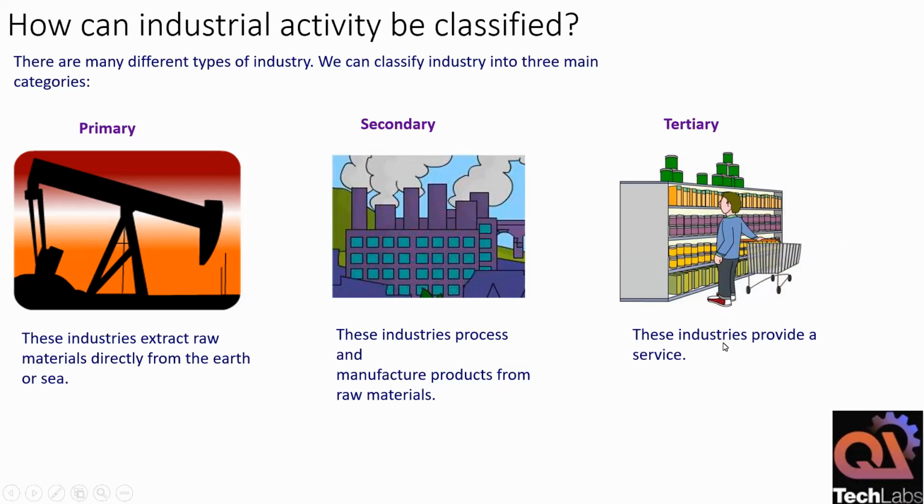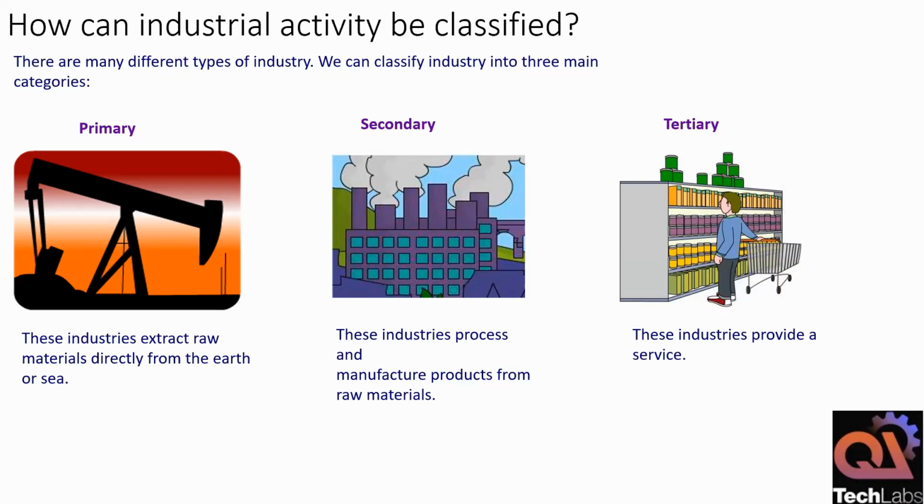These industries provide a service. Take for example, Jio, Reliance Fresh. That is one classic example of tertiary. You have D-Mart, V-Mart. So many marts are there. Previously, there was something called Food World, right? Or it could be your local shop where you go and purchase things.